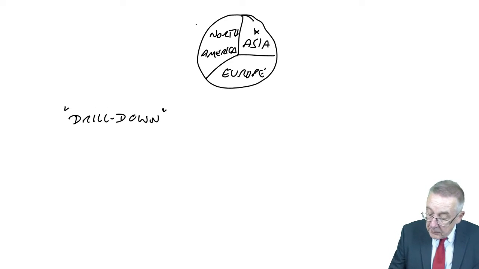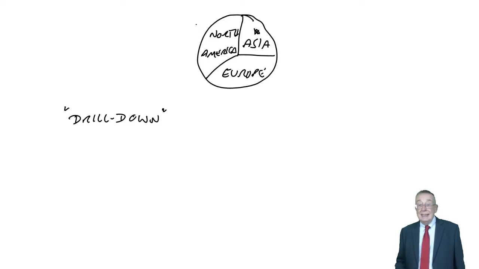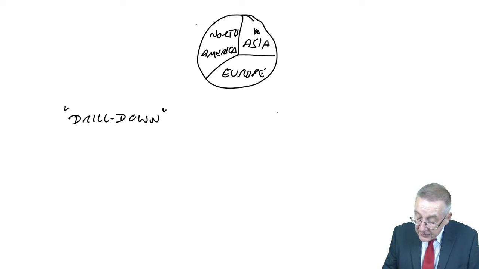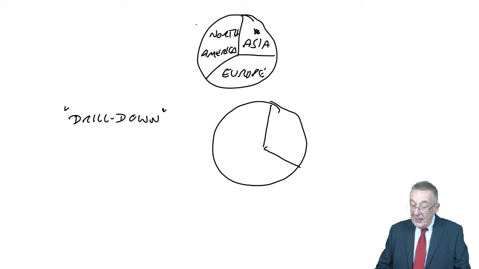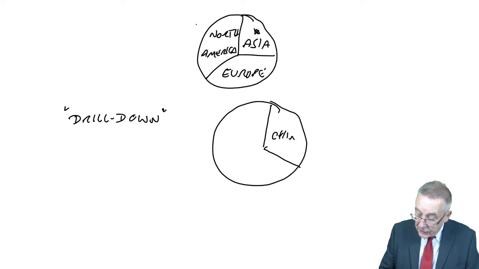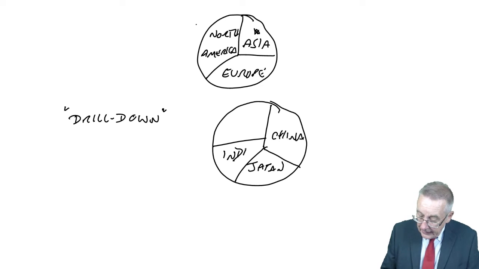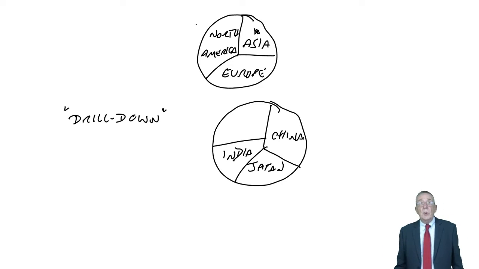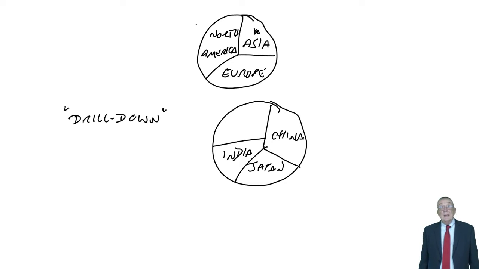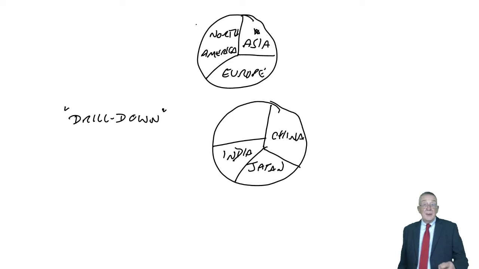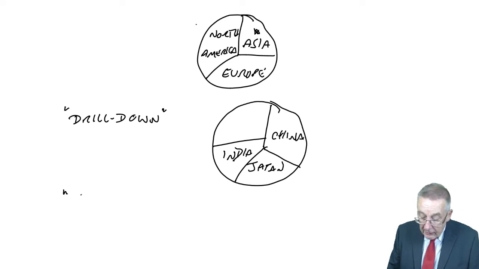Perhaps I double click on Asia and it expands. I get a new pie chart analysing our Asia sales. So that bit is China, this bit is Japan, India, and so on. If I want numbers, I can get it to show me the numbers. But one beautiful thing about this software is it's very what we call graphical.